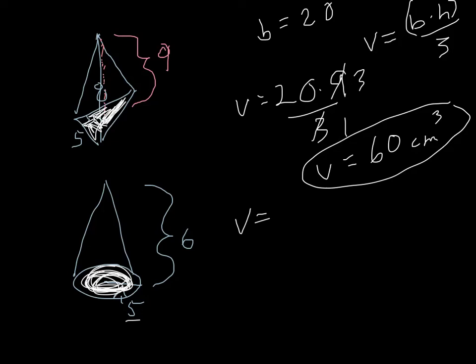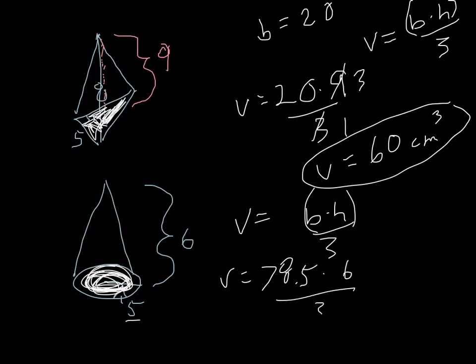So volume equals base times height divided by 3. Volume equals 78.5, and our height was 6, divided by 3. I'm going to cancel these two out, and 78.5 times 2 equals 157 cubed units. Okay, 157 units cubed.